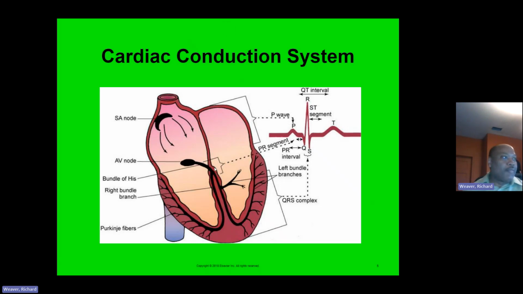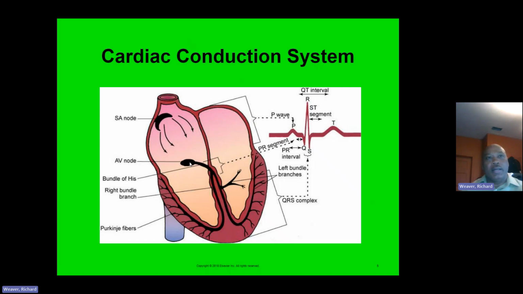For example, when you look at this, the SA node sends that electrical activity first, and then of course the atria will contract, or the depolarization is taking place. Once that impulse reaches the AV node, there's going to be a delay. This delay of the electrical impulse coming from the SA node is about 0.04 seconds.